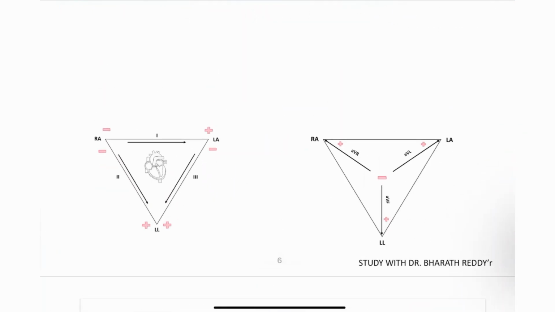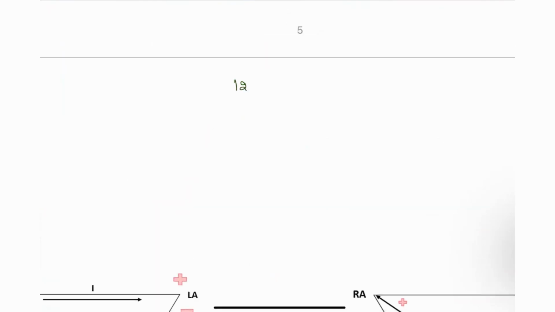Next, coming to the leads, guys: first, the ECG has 12 leads. So what are those 12 leads? The ECG is a 12-lead ECG, divided into unipolar and bipolar. Bipolar leads are 1, 2, 3.